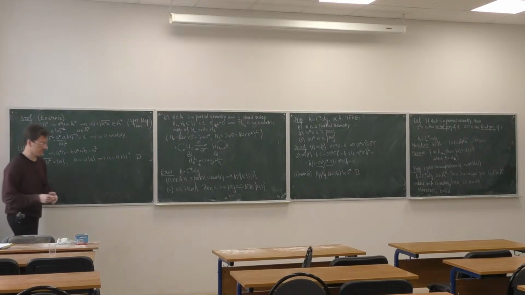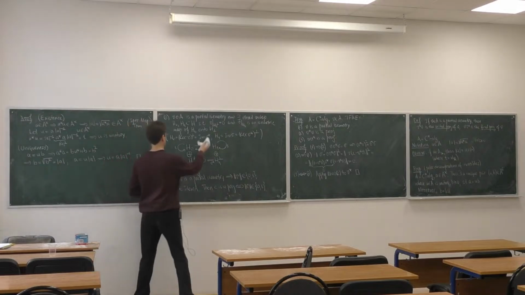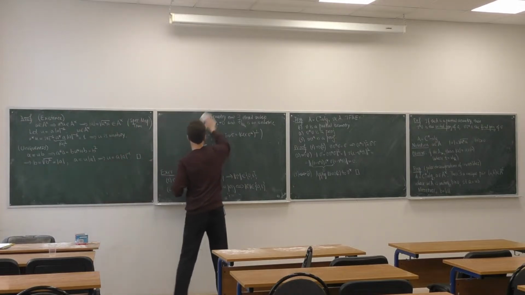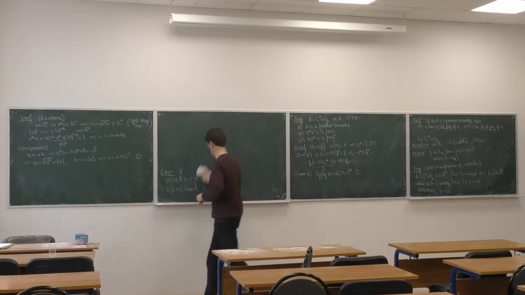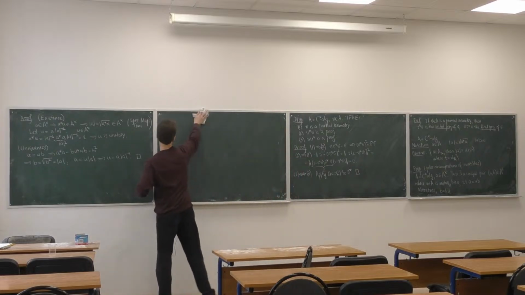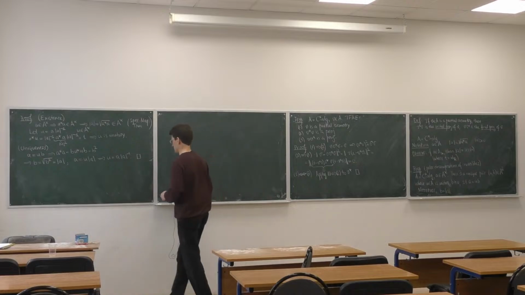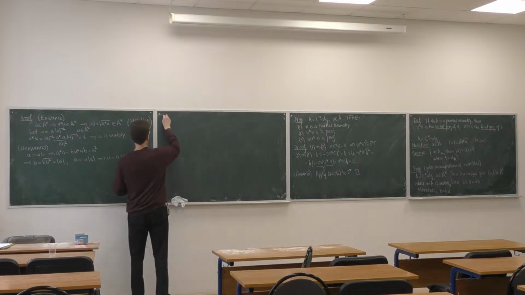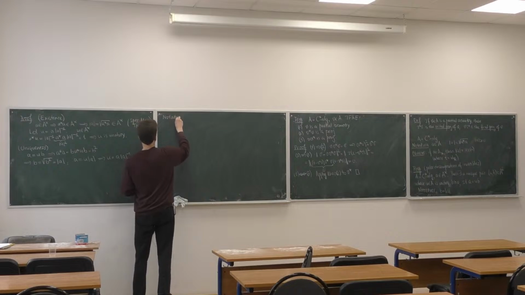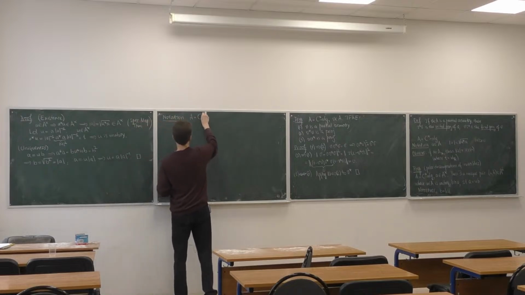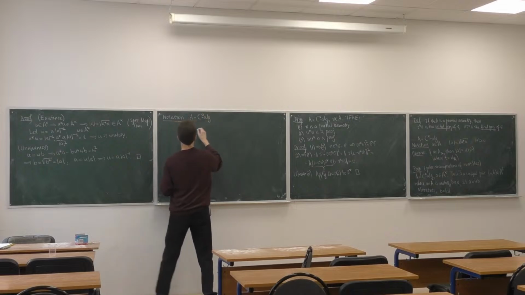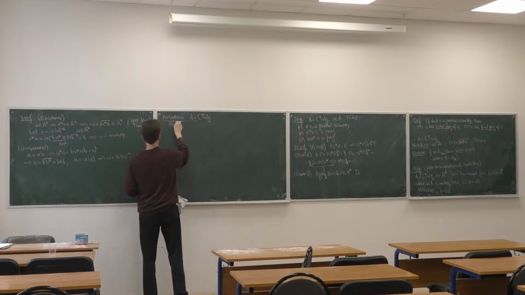Okay, so from now on, the set of projections and the set of unitary elements will play a special role. So let's introduce some special notation for these sets. If A is a C-star algebra, then the set of all projections in A will be denoted like this.